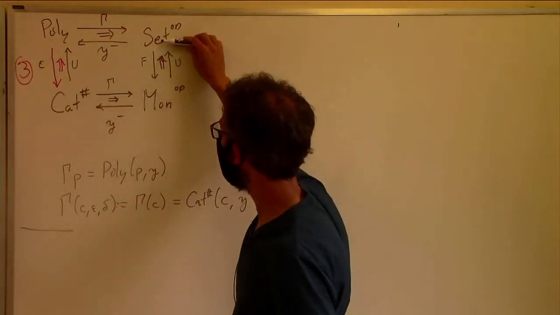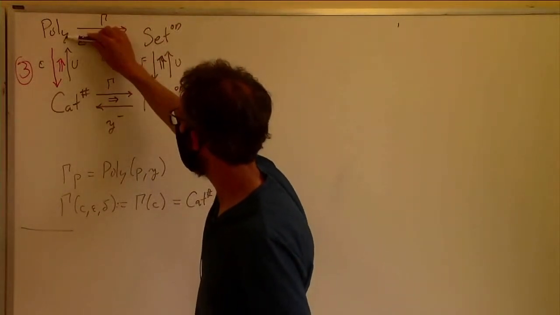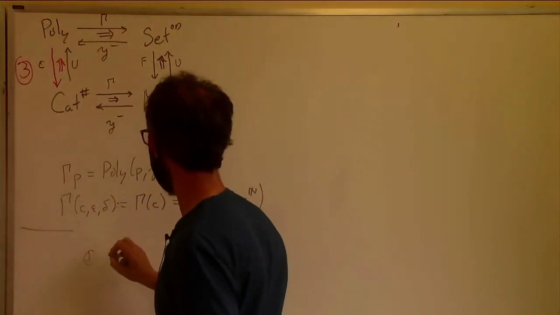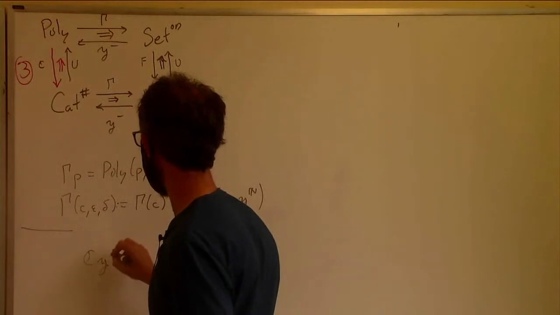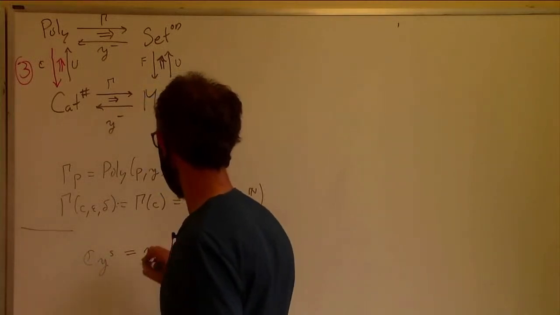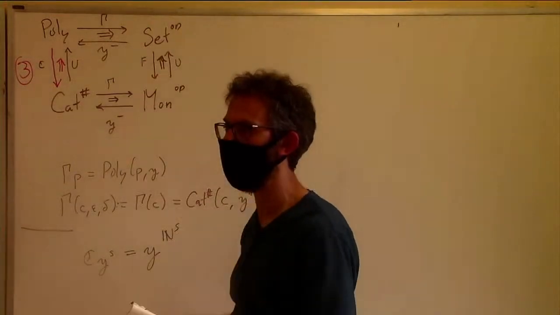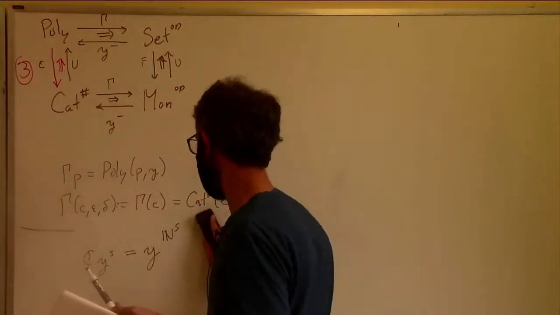That would be, you take y to the 1. So, right, we're getting the Cofree on y to the s is y to the N to the s, like the free monoid on s. I don't know. We can get things out of this if you want them. I guess I'll erase that.